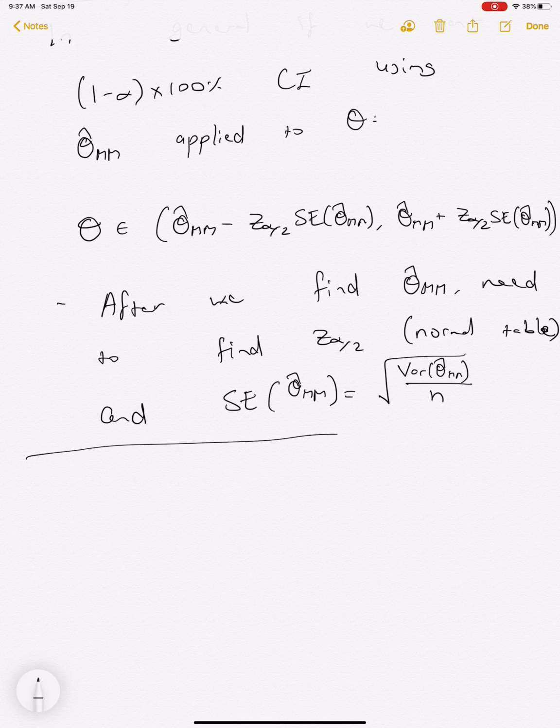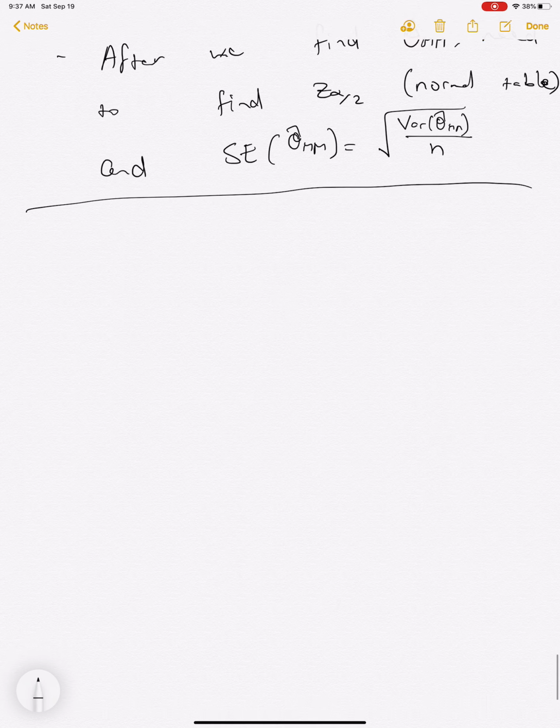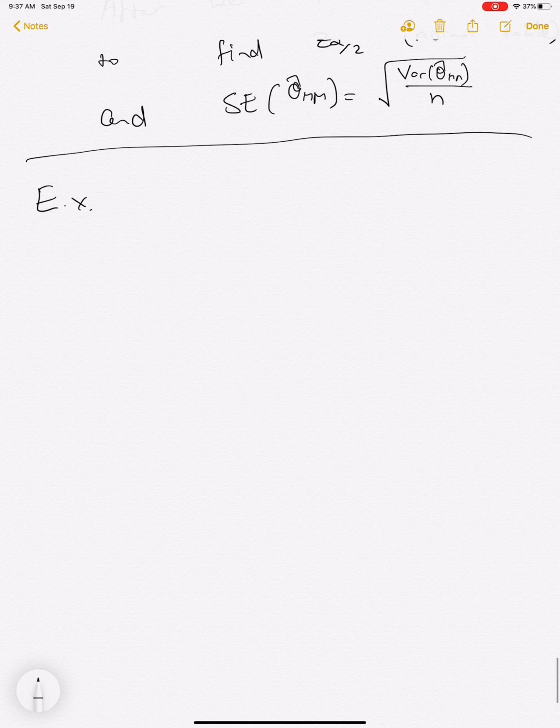So let's see some examples. We're going to start with the Poisson distribution, which we've already calculated the method of moments estimate for. So we know that lambda hat mm was just equal to x bar, right?